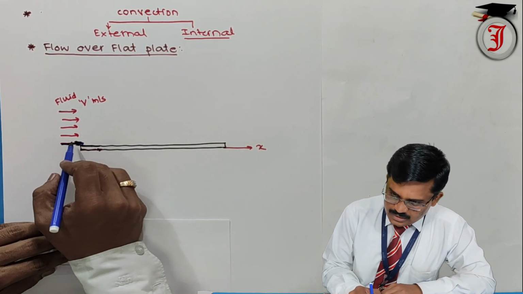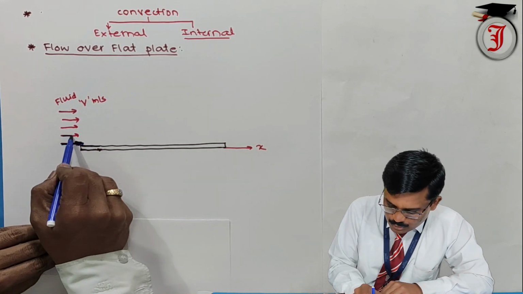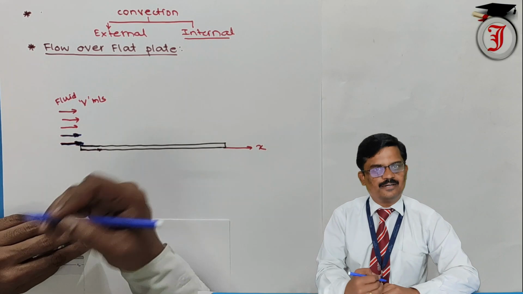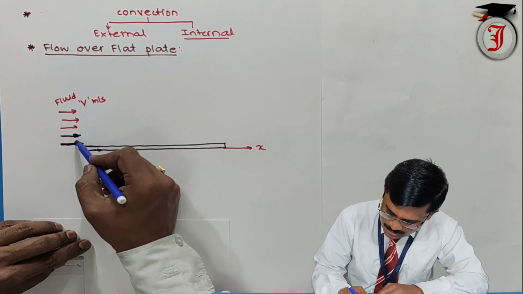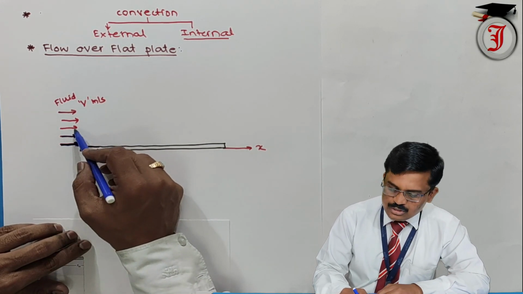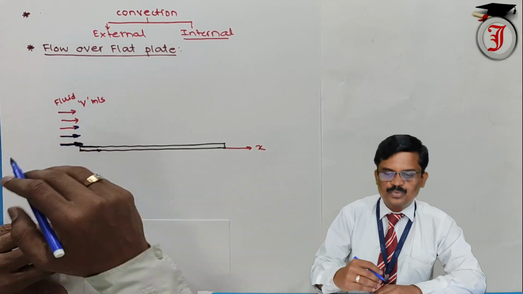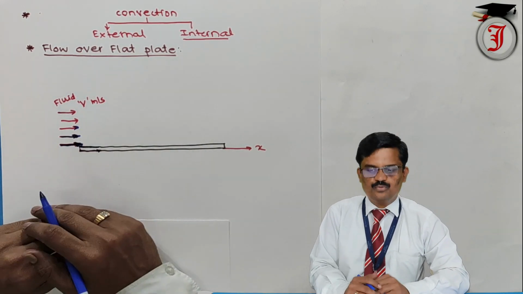This first layer then slows down the motion of the adjacent layer because of friction between the two layers. Then this layer slows down the next layer, and so on.